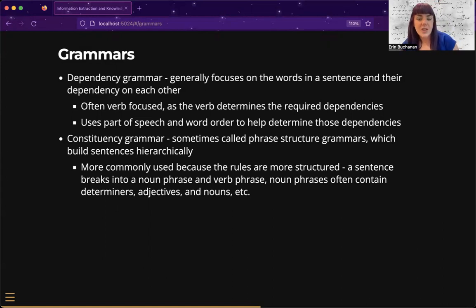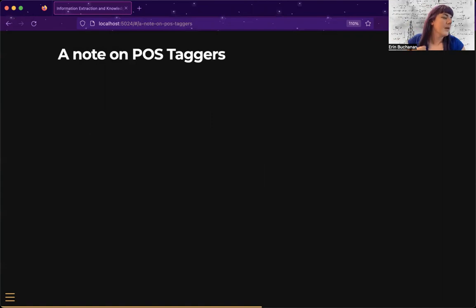Noun phrases usually contain determiners, adjectives, and nouns. Verb phrases tend to contain verbs and/or prepositional phrases. So there are a lot of rules there that we can use to capture most of language. Dependency parsing is sometimes driven by constituency parsing: making these cute little trees of a sentence, you can then convert it into a dependency tree. All of that's going to be really useful later for our disambiguation.